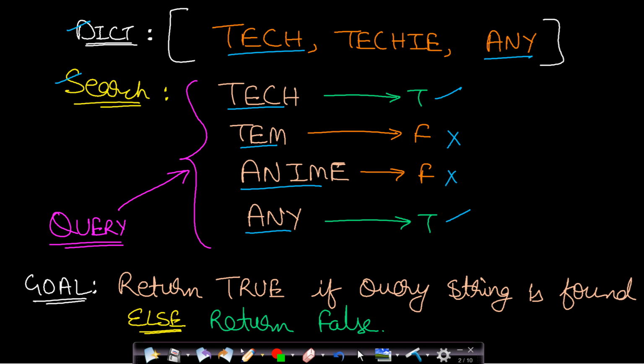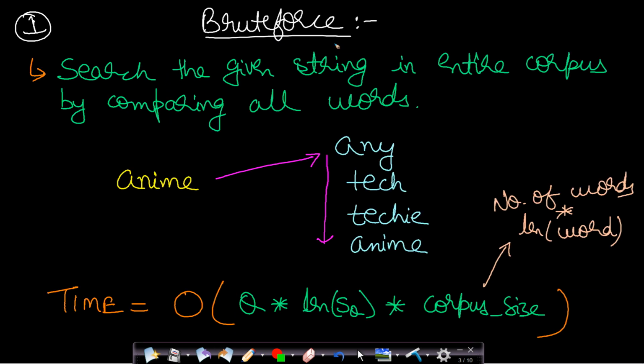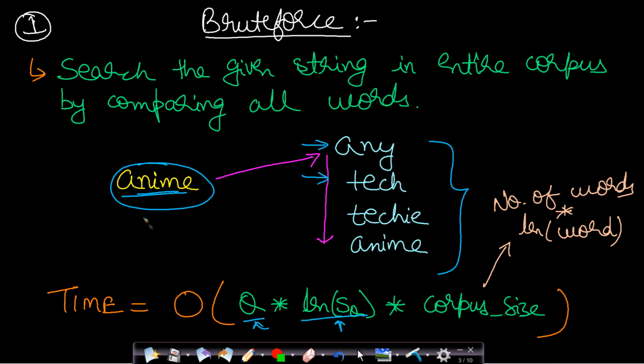So what technique can we apply? The brute force technique is to search a given query word in your entire corpus. If you do this, then the time taken will be very high because in the worst case you will be comparing this string with each and every string of your corpus. The time complexity will be the number of query words, and for each query word you will be traversing the entire string, comparing character by character, and then comparing this string with all the strings in the corpus in the worst case.